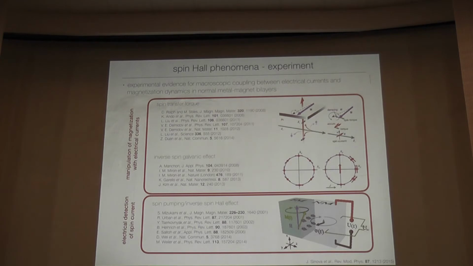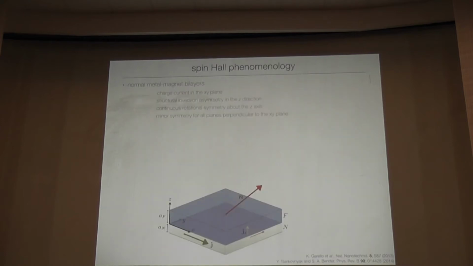There's a lot of work done to try to understand the microscopics behind all these phenomena, and this was covered a lot during the conference. In this talk, one way to view this is to consider this bilayer system again and try to figure out what kind of torques can arise just based on symmetry arguments. So imagine that you have this bilayer system again.